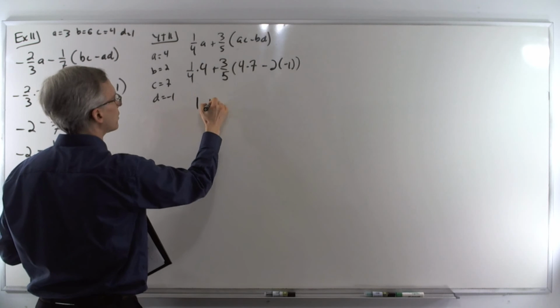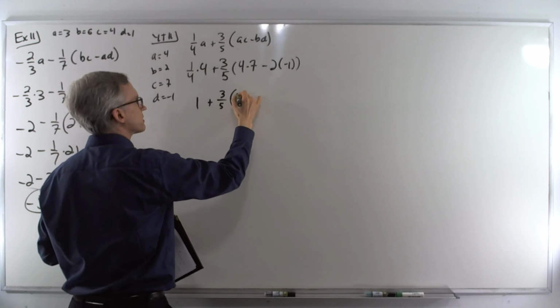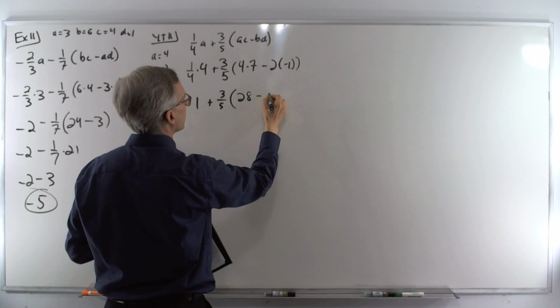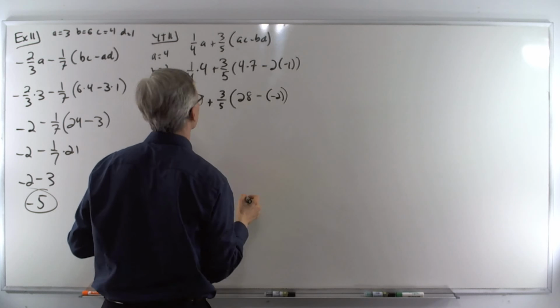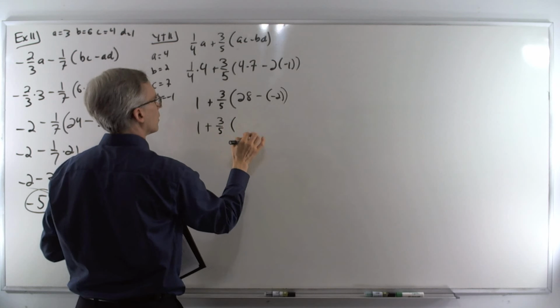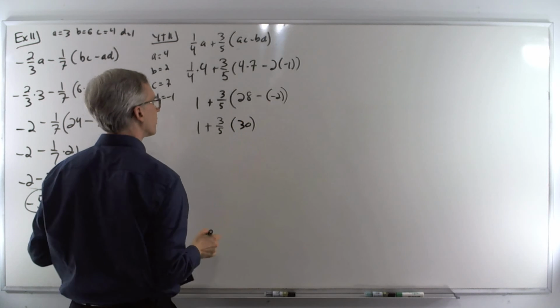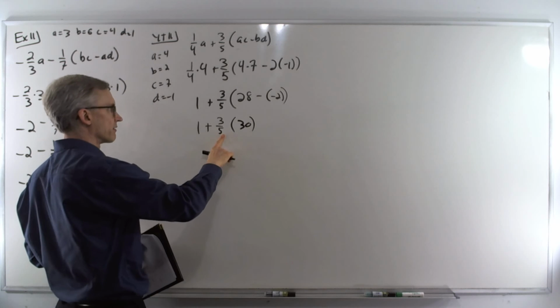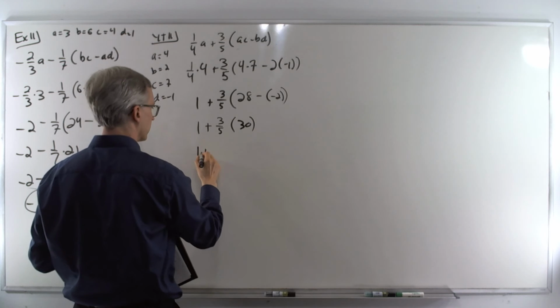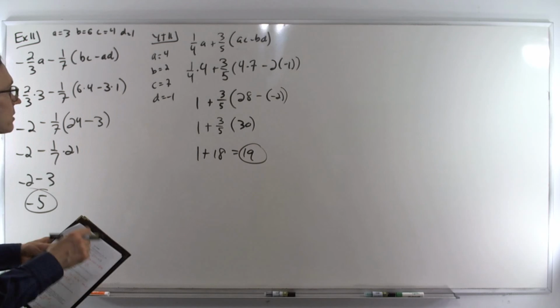So that's 1 plus 3/5 times 4 times 7 is 28 minus -2. 28 minus -2 is 28 plus 2, so that is 30 here. Now we'll do 30 divided by 5 is 6, times 3 is 18. Add it to 1 and 19 is our answer.